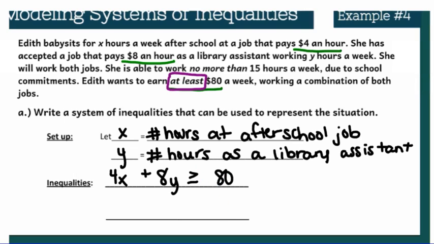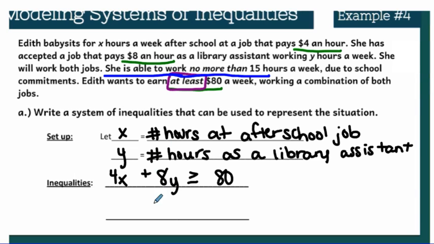Our second inequality is the one that I said you have to really read the problem and understand in order to find it. The piece of information that this comes from is this sentence right here. She is able to work no more than 15 hours a week.